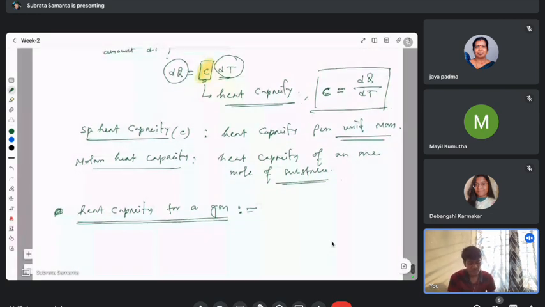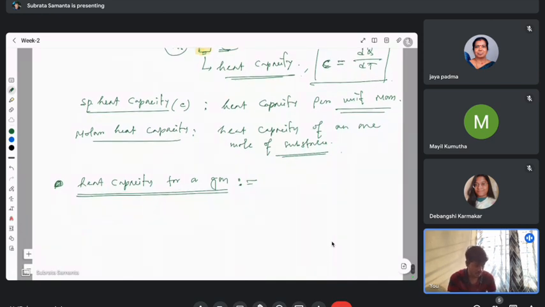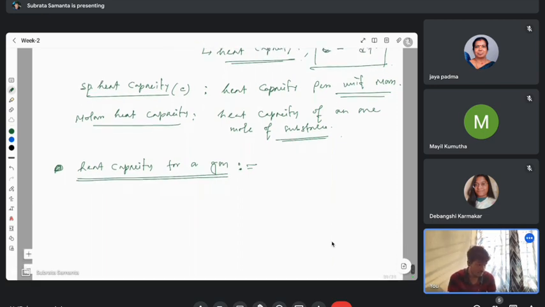So when we discuss the heat capacity for a gas, there are two things. Let's say we consider a box containing some gas molecules.